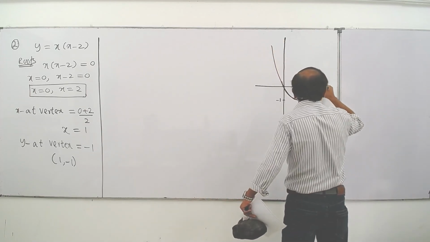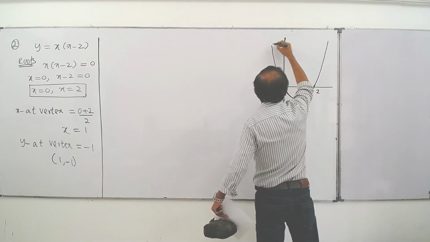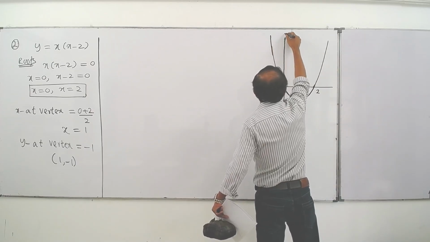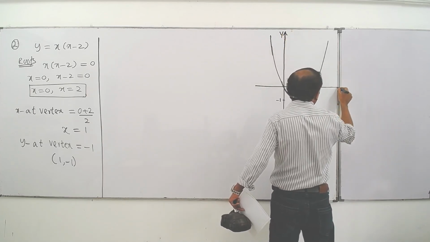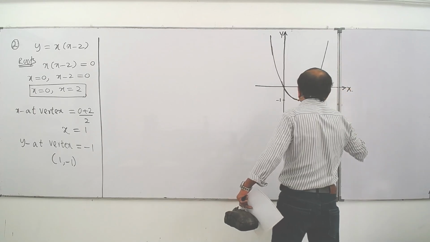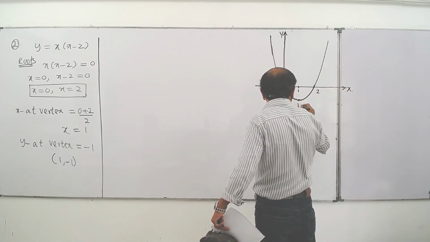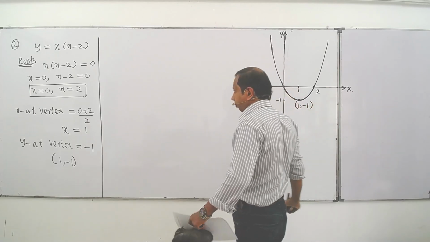This here, right? This is the y-axis and this is the x-axis. This is the point (1, -1). Okay.